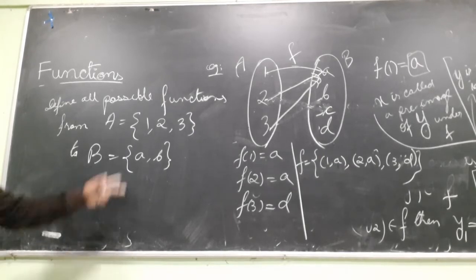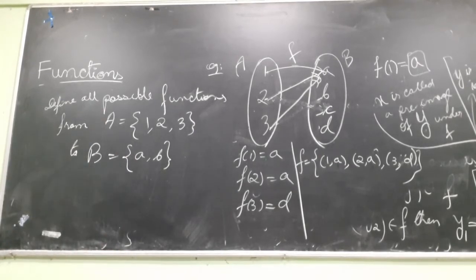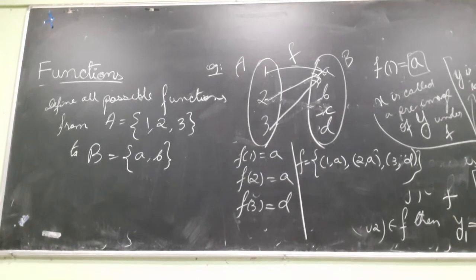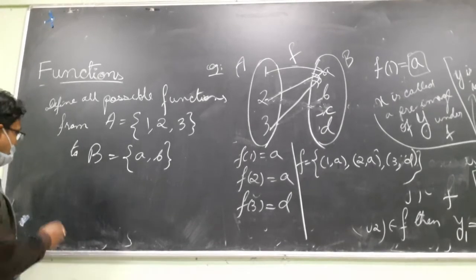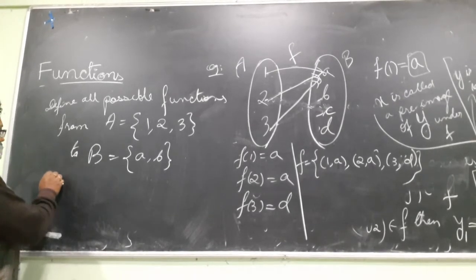Okay, we have to define all the possible functions from this set 1, 2, 3 to A, B. So how will you list? I am saying you list it this way.